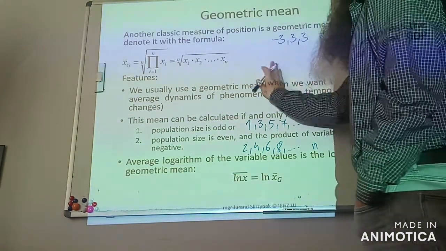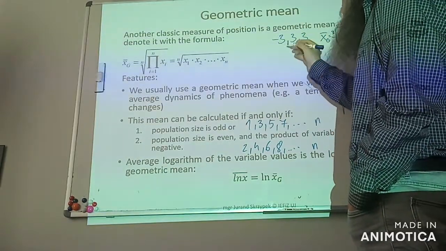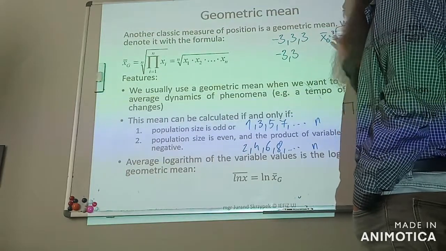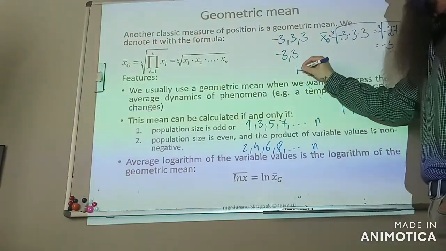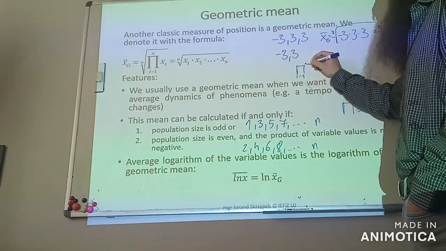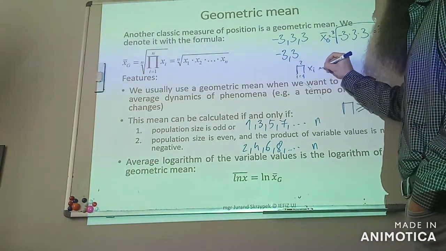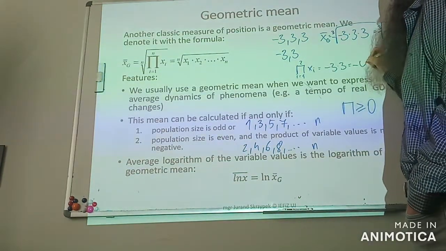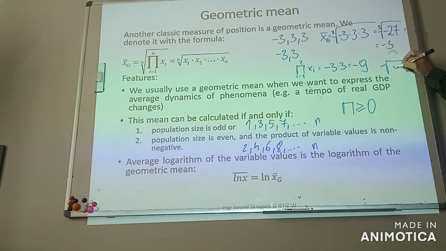A simple example. Let's imagine the following individual series: -3 and 3. The product of these two values, -3 by 3, is -9. We can't compute a square root of -9. It is impossible.